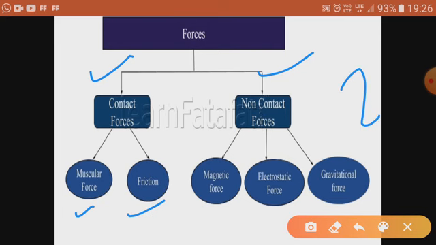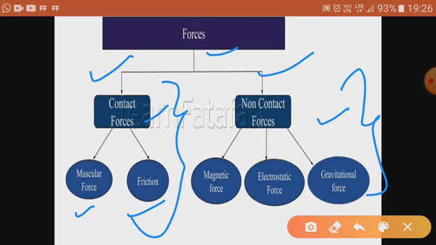Non-contact forces can be divided into three subcategories, namely magnetic force, electrostatic force and gravitational force. In this chapter we have to read about contact forces in detail and non-contact forces in detail. Today we will try to finish this topic, that is contact force, muscular force and frictional force.